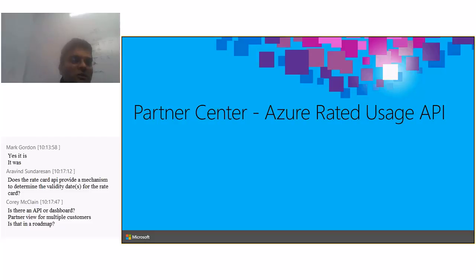Yeah, the question was, is there a roadmap? We are looking into providing that information. It's not directly how much the token is burned down, but we may look at providing a usage API, which will give you usage and how much is being used, and you can infer from that how much is remaining.